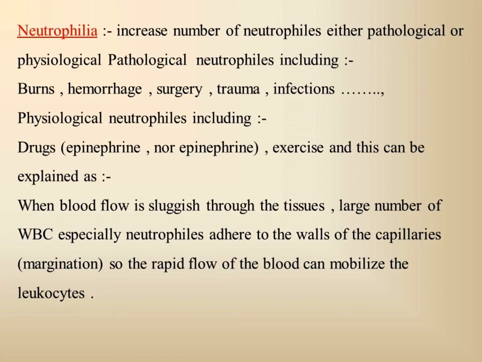Pathological neutrophilia includes burns, hemorrhage, surgery, trauma, infection, and others. Physiological neutrophilia includes drugs such as epinephrine or norepinephrine, or adrenaline or noradrenaline. Also, exercise can increase the neutrophil number.